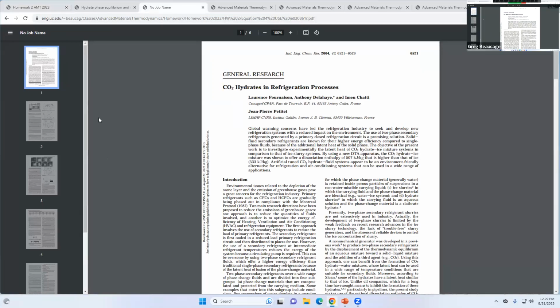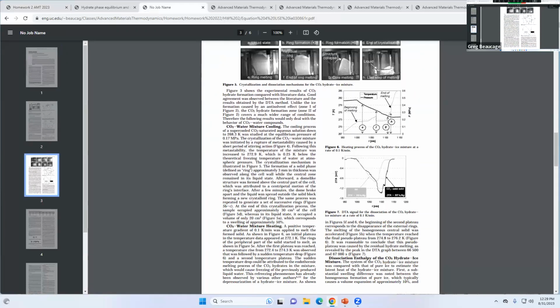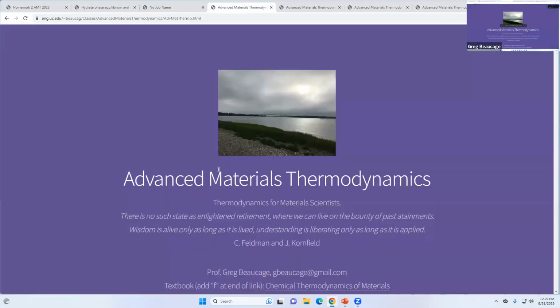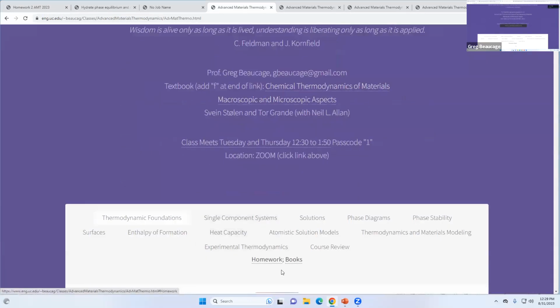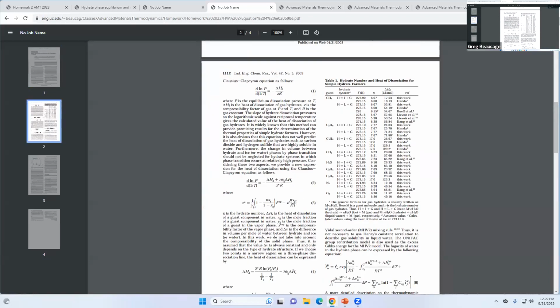All right, so it's the one. That's not the one. This is the one. So it asks you to derive that. So I'll go through that a little bit. Anyway, let me get back to the.